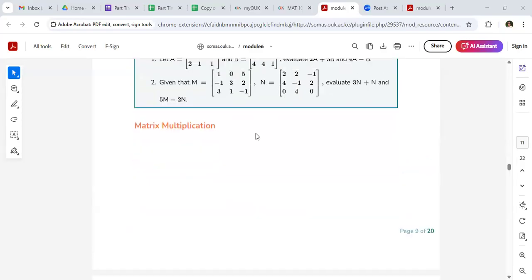Now, matrix multiplication. Are there any questions so far on matrix addition and scalar multiplication? Any questions? Are there any questions?